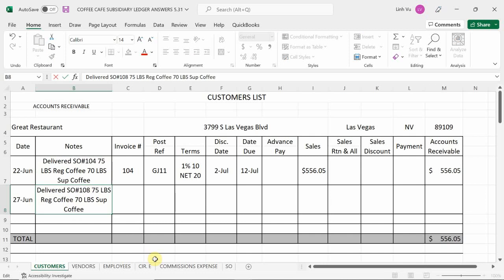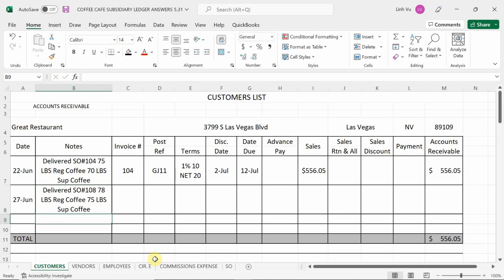And it's 78 pounds of regular coffee and 75 pounds of Supreme coffee. And the invoice is 108.